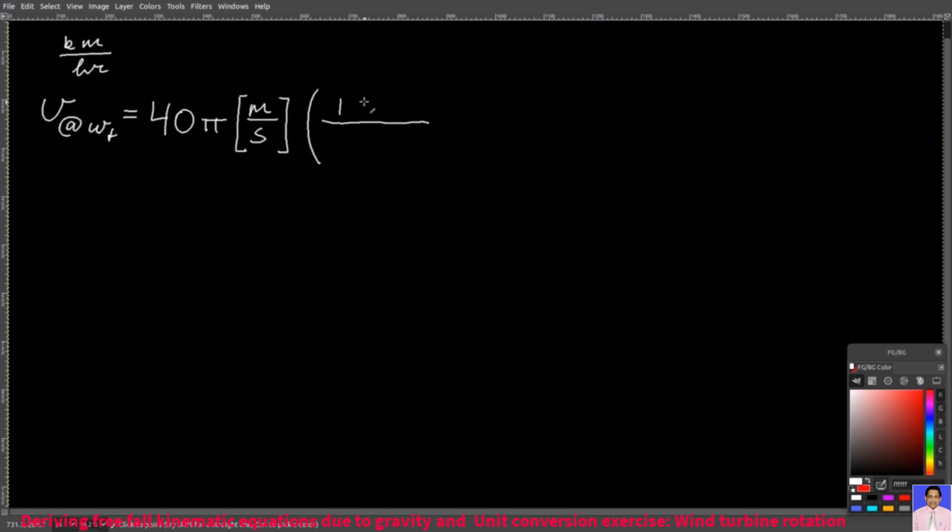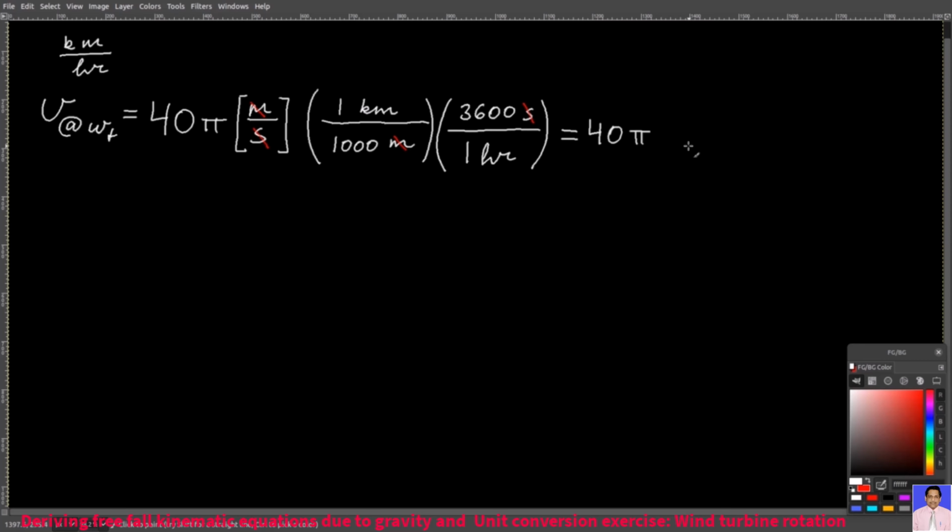We know that 1 kilometer is 1,000 meters, and we also know that 1 hour is 3,600 seconds. And so now we can cancel out the seconds and also the meters, and you're left with kilometers per hour. And so you will have 40 pi times 3,600 over 1,000.